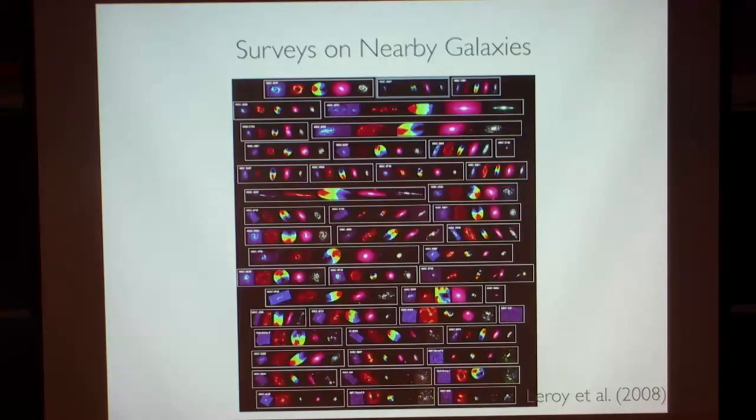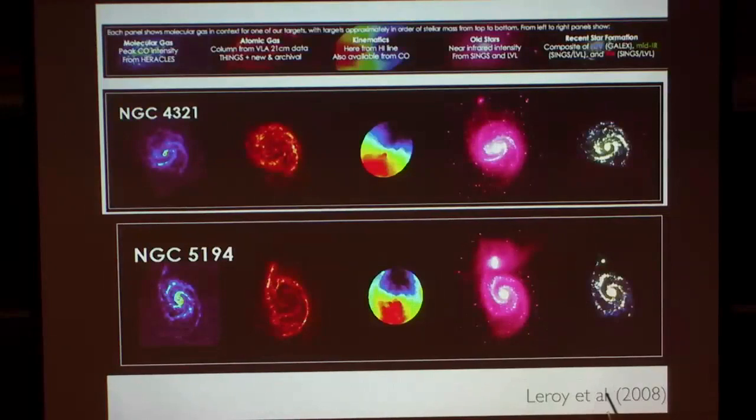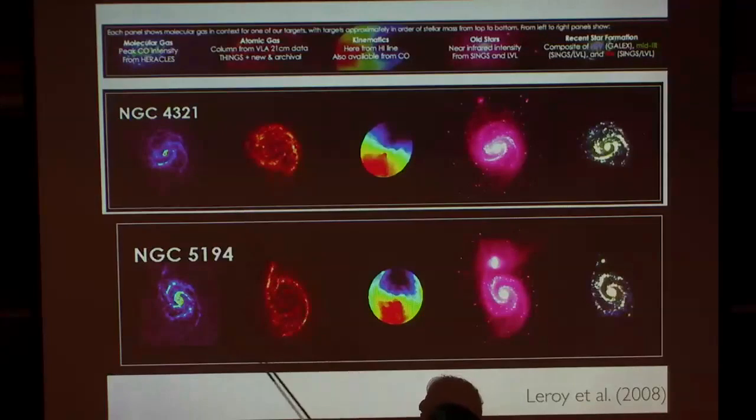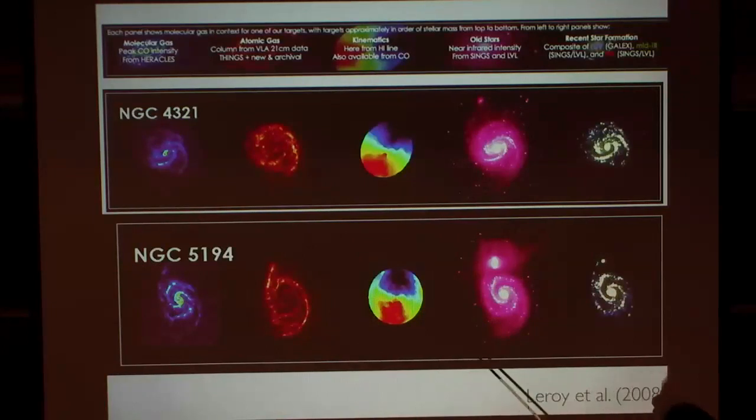So, some recent observational surveys of nearby galaxies can reveal some spatially resolved information that can derive the star formation rate as a function of some different properties. So here you see some example of CO observation that can give us molecular gas information. And this is HI observation that can give us atomic gas information. And this rotation curve will eventually give us some mass budget of the galaxy.